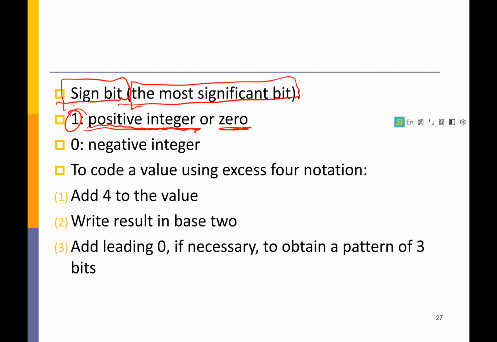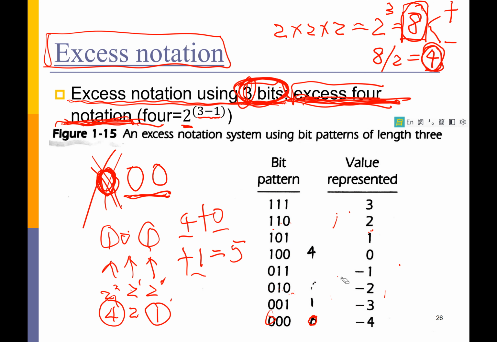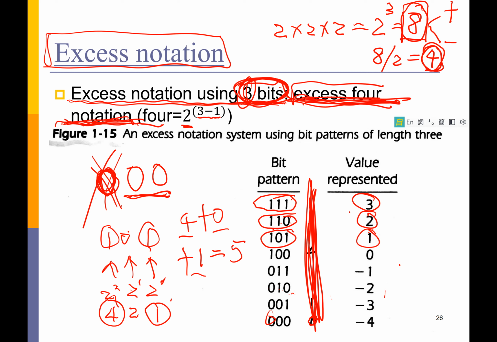Now, if the leftmost bit is 1, it implies this number is a positive integer or 0. So when we look at this table, forget about this part. We say in SS4 notation, 111 represents the integer value of positive 3, 110 represents 2, 101 represents 1, 100 represents 0. We can see the sign bit here is 1.